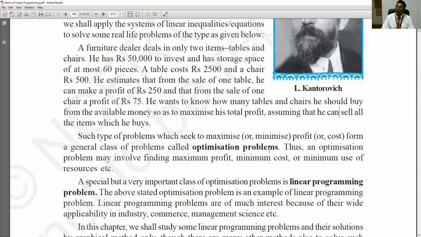Means in your linear programming, you have to understand about optimization problem. Such a problem in which you want to maximize something, minimize something. If there are more than one parameters, then after giving a change in a particular parameter, the next one is going to be changed.